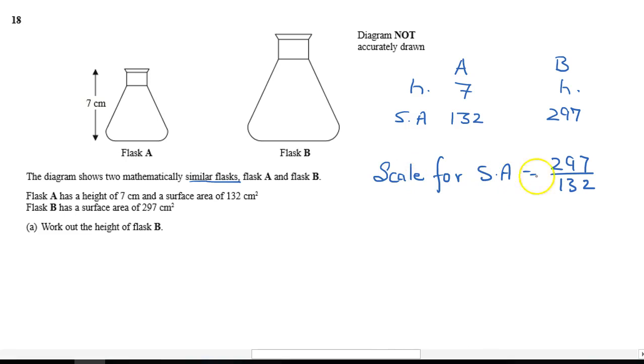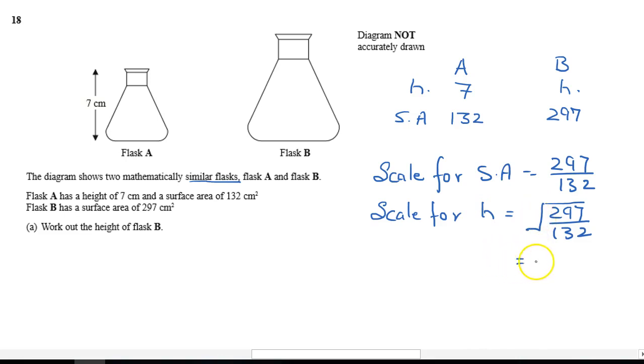So this is the scale for surface area. So the scale for the height will be root 297 over 132. Had this been a volume, the scale for the height would be a cube root of this.